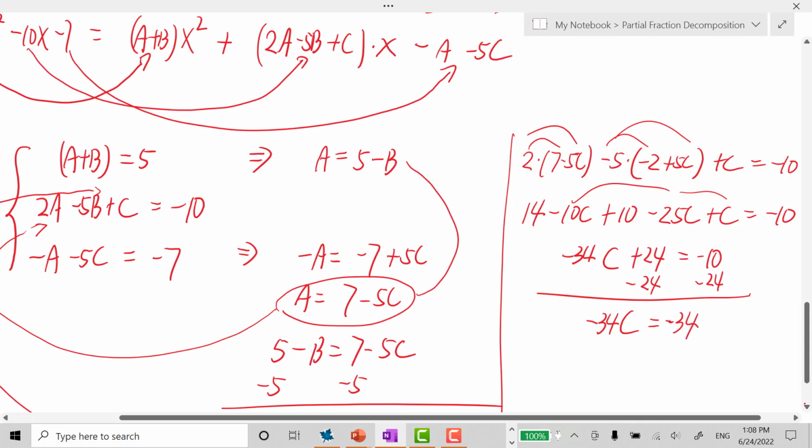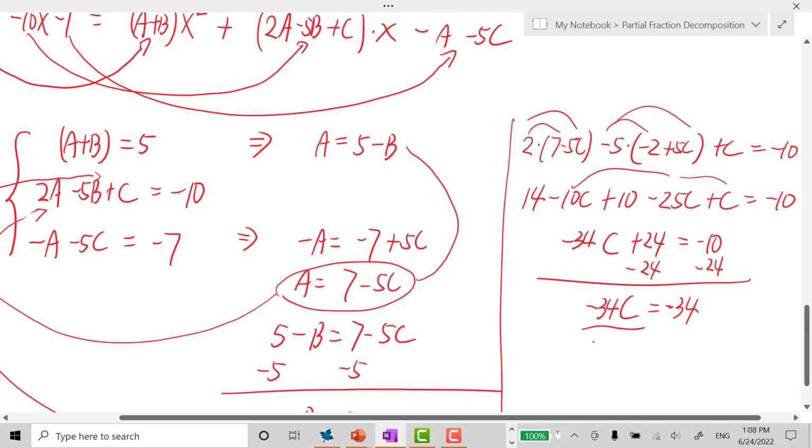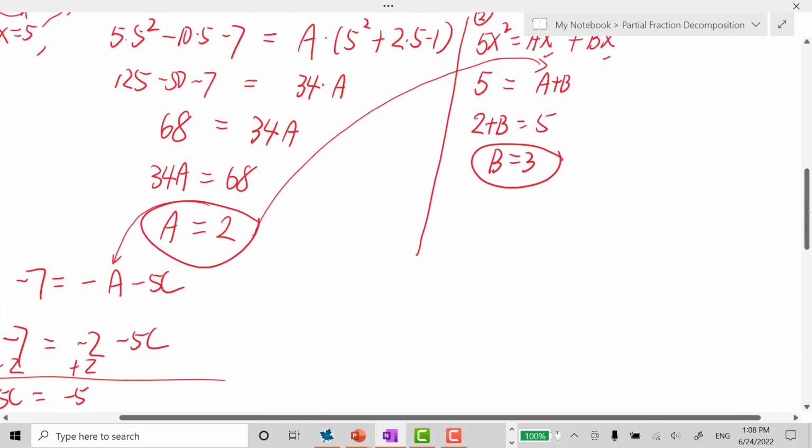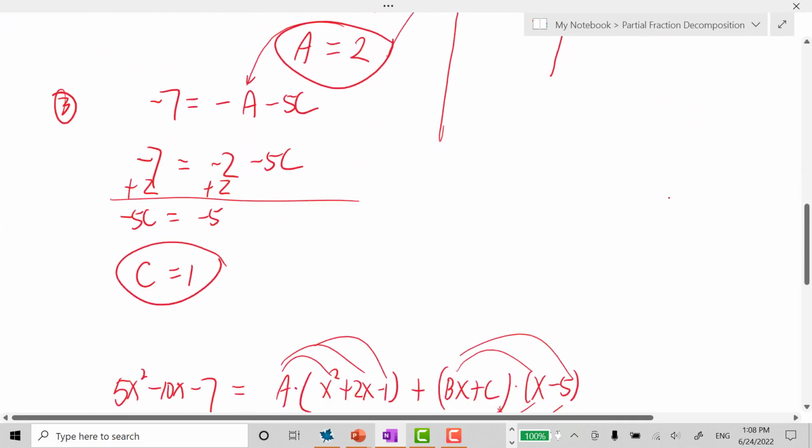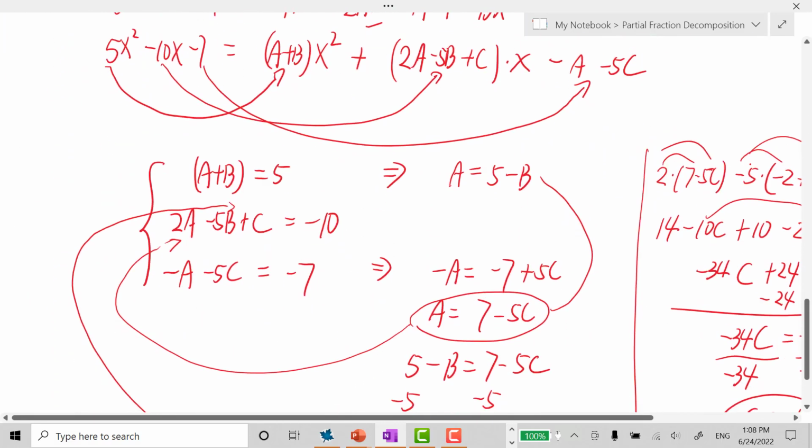Now you see we figure out the c value. c equal to 1. And it should be exactly the same as the previous method we just did right here. c equal to 1. So it's the same.